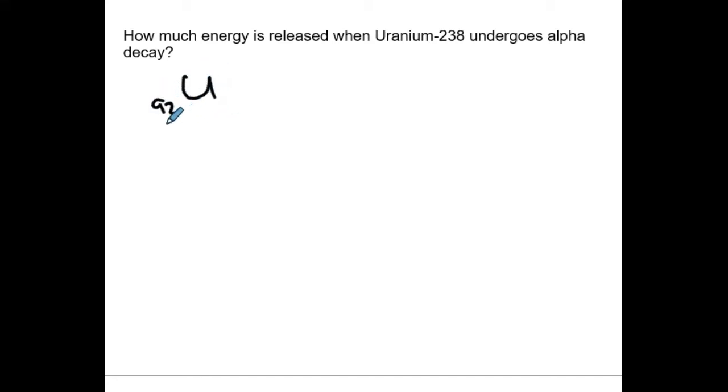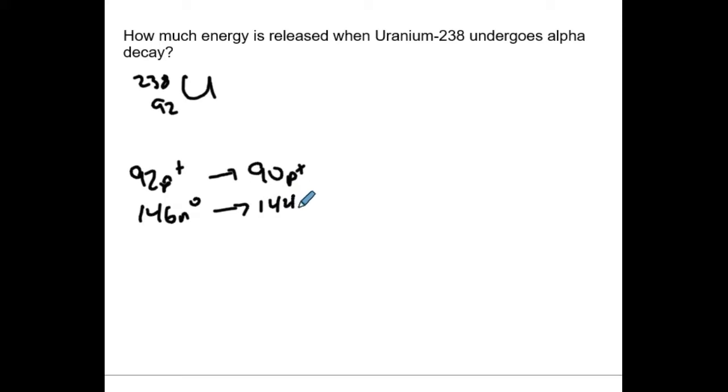First of all, uranium is number 92. Look it up on your periodic table, and it's number 238. Well, that means that it must have 92 protons. And if I take 238 minus 92, it has 146 neutrons. If it's going to undergo alpha decay, it's going to drop down to 90 protons, and it's going to drop down to 144 neutrons. And in doing so, it's going to kick out an alpha particle.